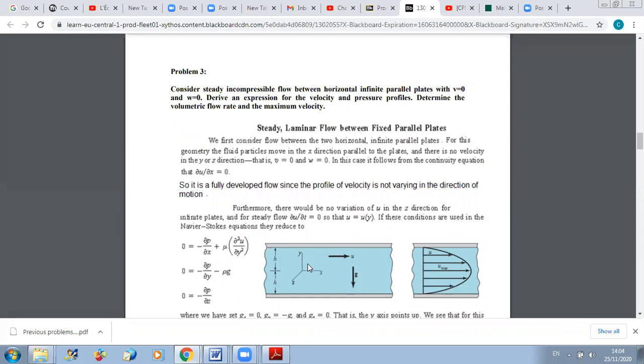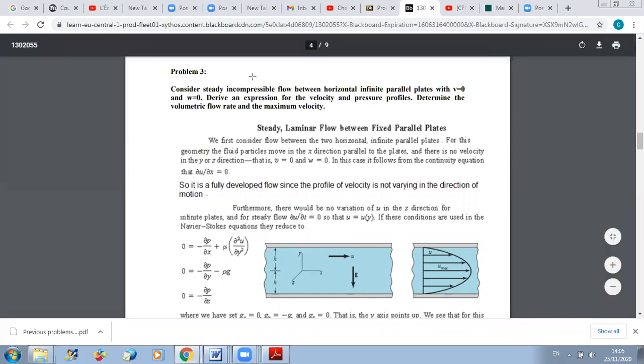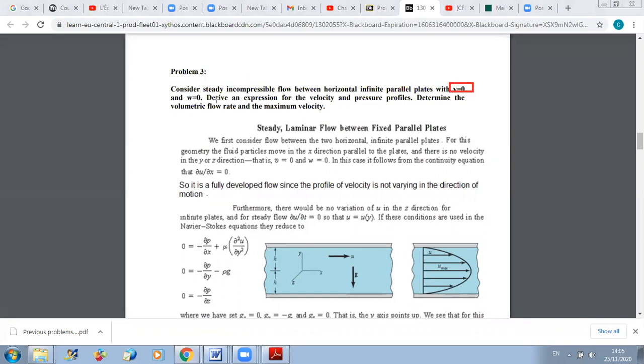Whenever you have such a problem, the first step is to go to your formula sheet and use the corresponding equations. Always think about the two equations, continuity and Navier-Stokes. Here they helped me a little bit. They said that V is 0 and W is 0.